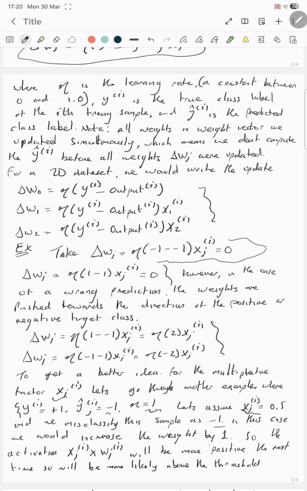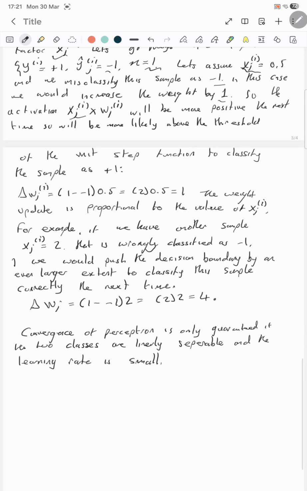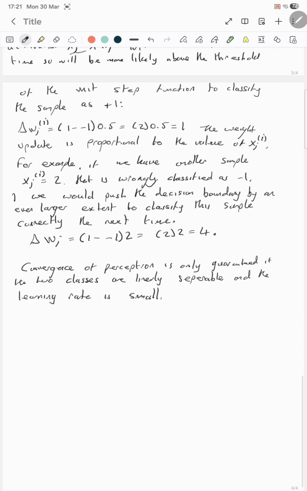We would increase the weight to 1. So the activation xj of i multiplied by wj will be more positive the next time, so we will be more likely above the threshold of the unit step function to classify the sample as +1.